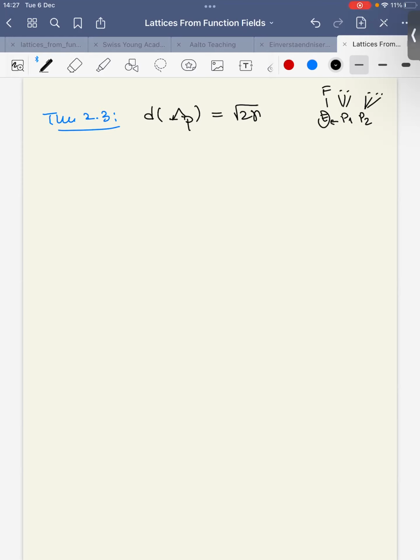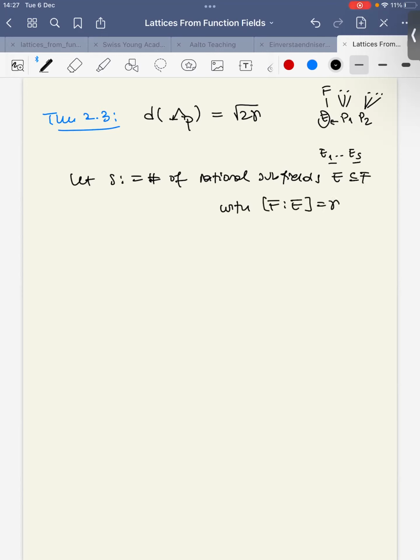In this case, for the rank, the number of the rational subfields will also be important, and let S denote the number of rational subfields E of F which give us the minimum extension degree.